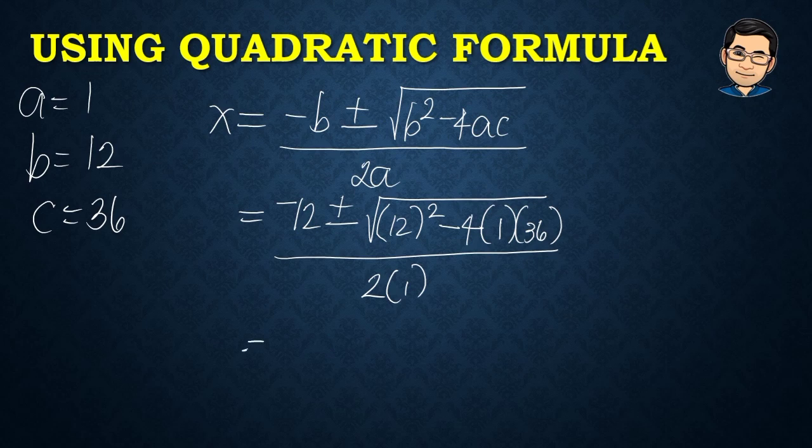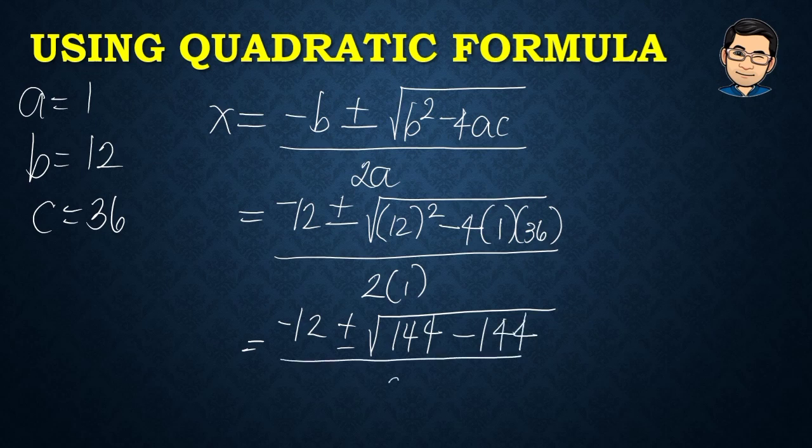Okay, so matatandaan nyo kanina may value na tayo ng b squared minus 4ac, and that is 0. Pwede naman natin siyang i-substitute dito, kaya lang pinapakita ko sa inyo kung ano yung process ng quadratic formula. So that is negative 12, positive negative, the square root of 12 squared, that is 144, minus 144, and then all over 2.